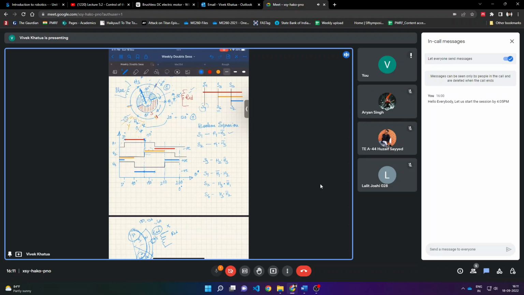Similarly, for S3, when S3 is active, here again I want the rotor to come to H2, and where is it going? H3. So I'll get H3 bar.